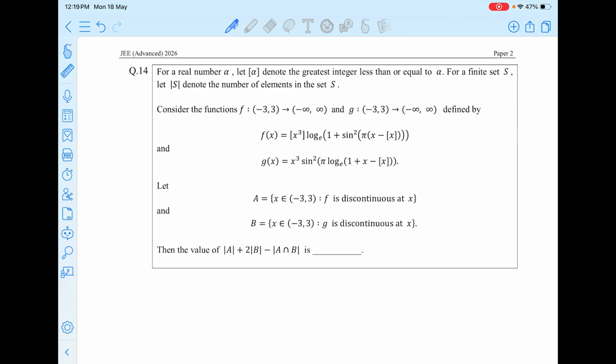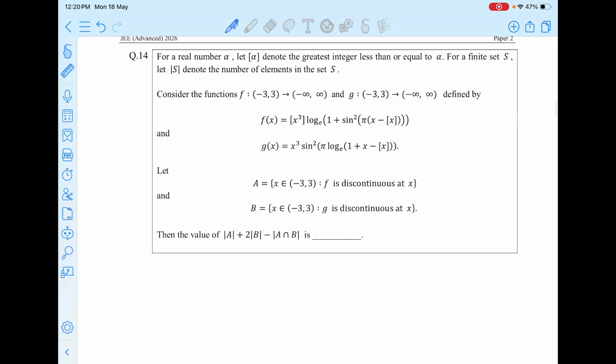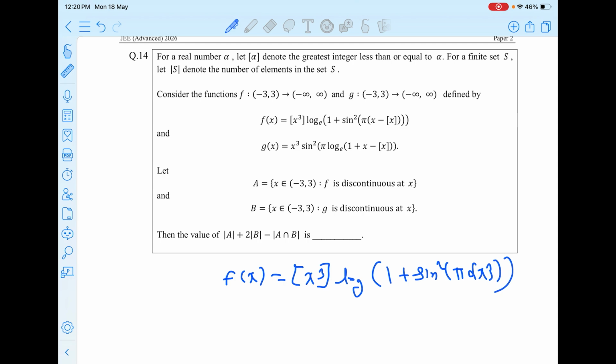See, first is box x cube. See, x minus box x is what? x minus box x is nothing but fractional part of x. Okay, x minus box x is fractional part of x. So this will become f(x) is equal to box x cube, and then log of 1 plus sine square pi times fractional part of x.